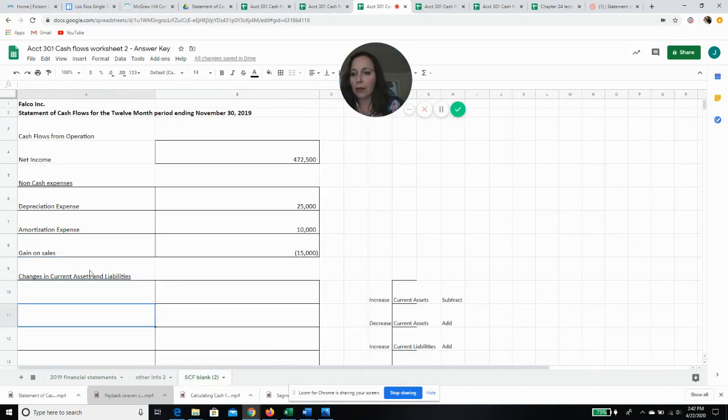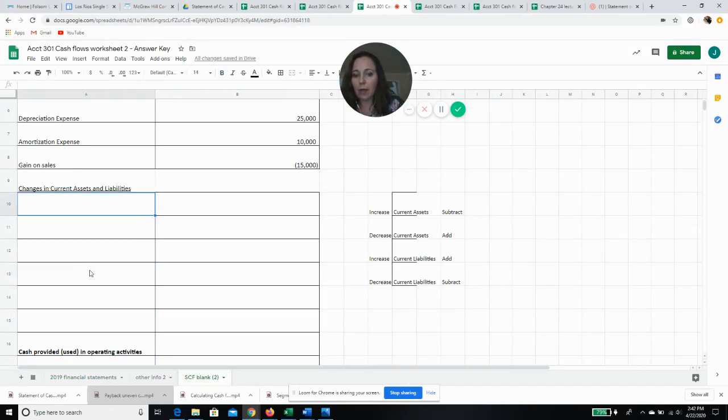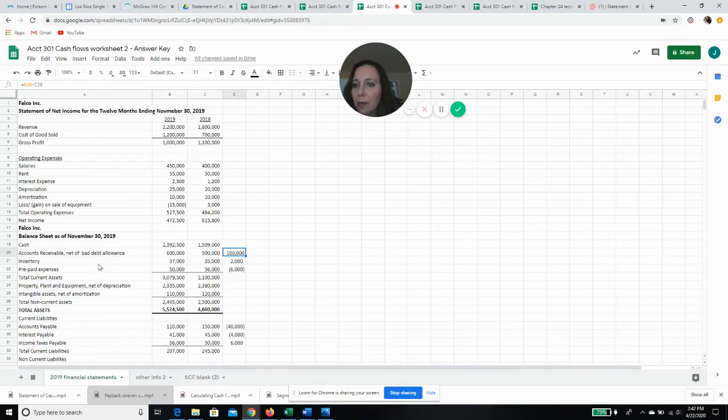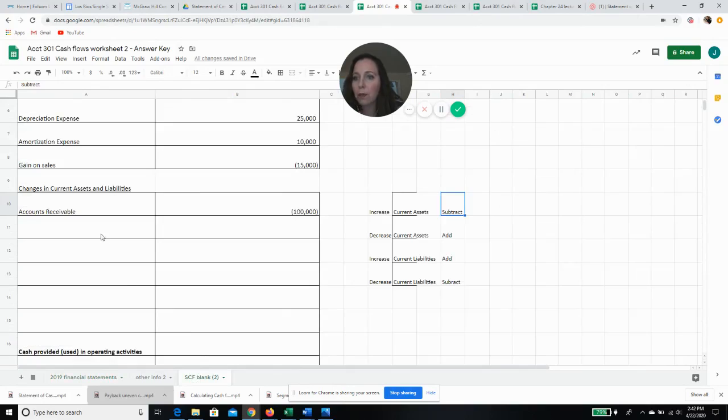All right, so my accounts receivable increased $100,000. So I'm going to go back over here, and I'm going to put in accounts receivable. And it increased $100,000, so I'm going to subtract. Right here, increase current assets, we subtract. All right, then my inventory increased by 2,000, so I'm going to subtract $2,000.